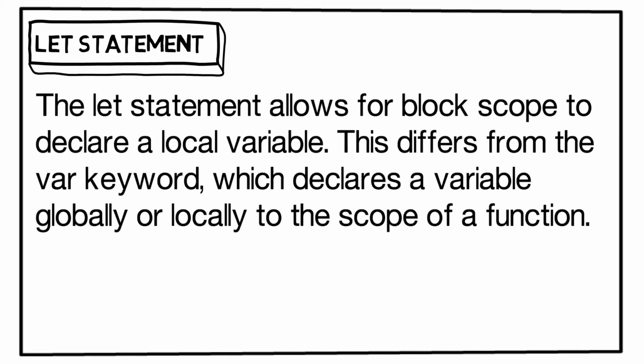This differs from the var keyword, which declares a variable globally or locally to the scope of a function. In many ways, it will operate just like the var keyword, but there are significant differences. We'll look at the implementation of both let and var and see what those similarities and differences are.